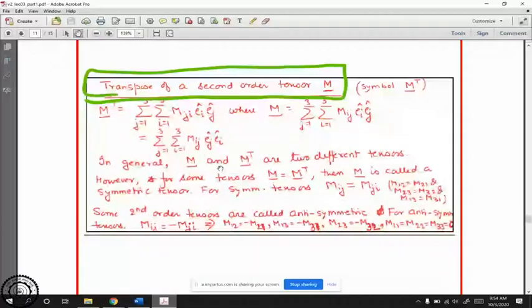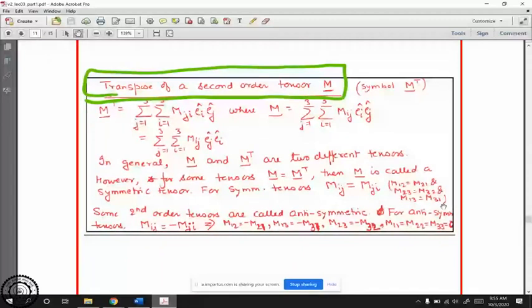As I said, M and M^T are two different tensors. However, for some tensors, M and M^T are the same. Then M is called a symmetric tensor. And mind you, I'm only talking about second order tensors right now. So if M and M^T for a second order tensor are the same, it's called a symmetric tensor. And in that case, you can show that Mij must be equal to Mji. M12 and M21, M23 and M32, and M13 and M31 are the same.